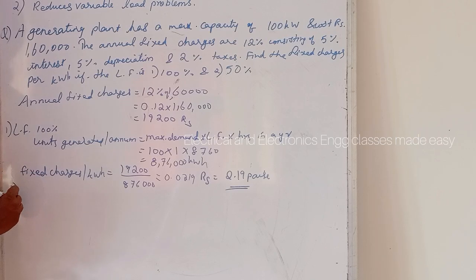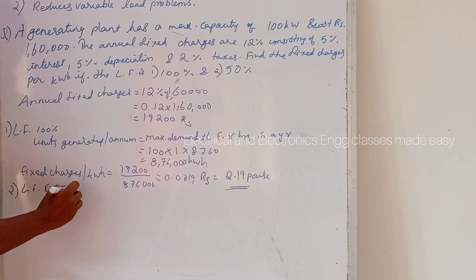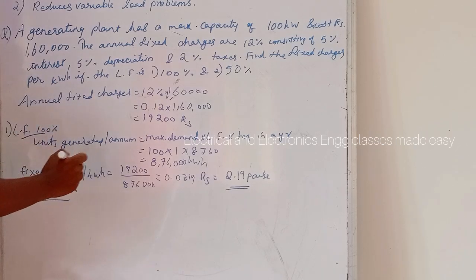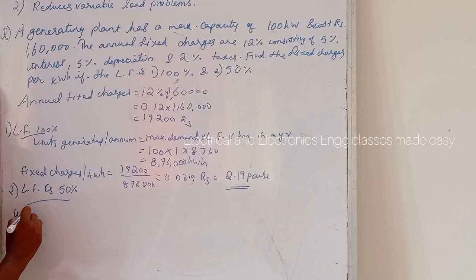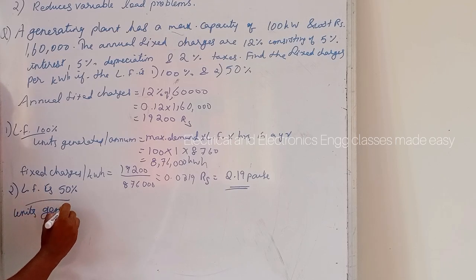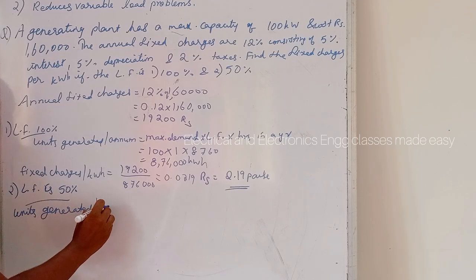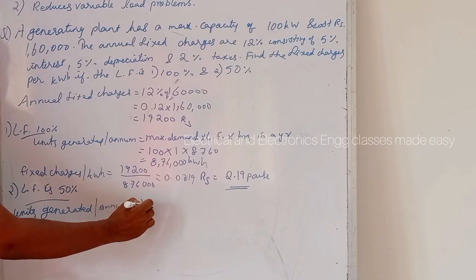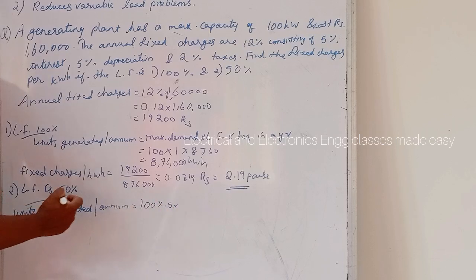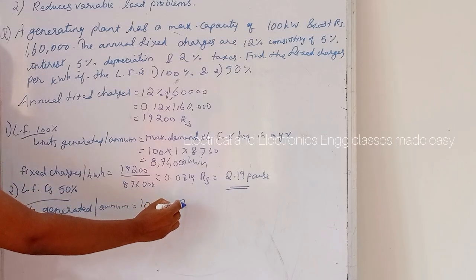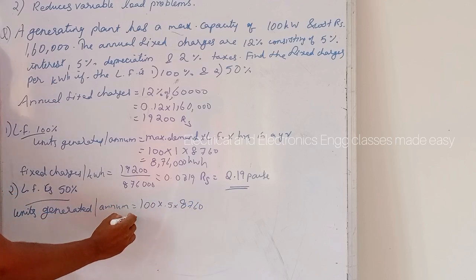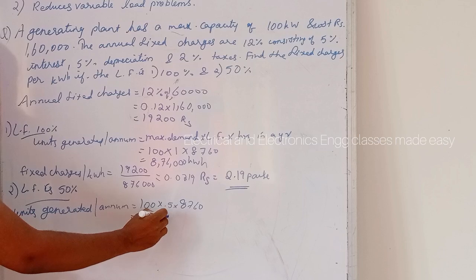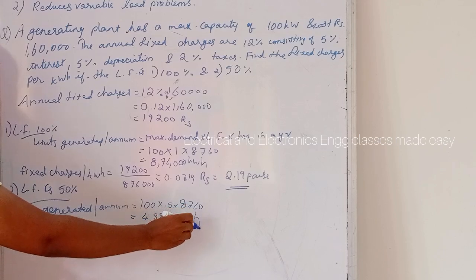Now when the load factor is 50 percentage, then what is units generated per annum? So units generated per annum is equal to, maximum demand is 100 into 0.5, load factor is 50 percentage, then into hours 8760, and that is equal to 4,38,000 kilowatt hour.